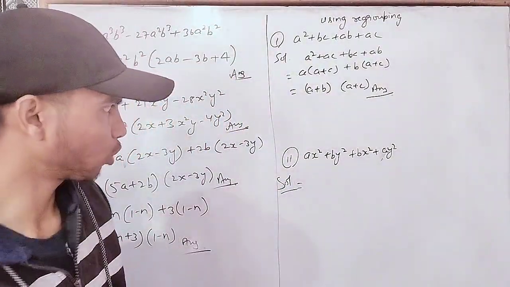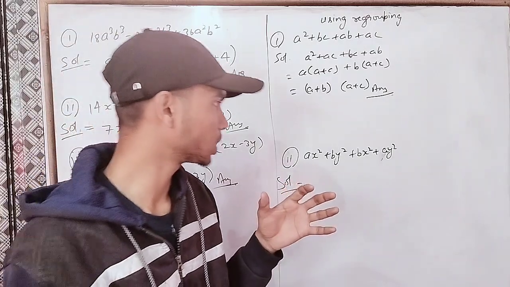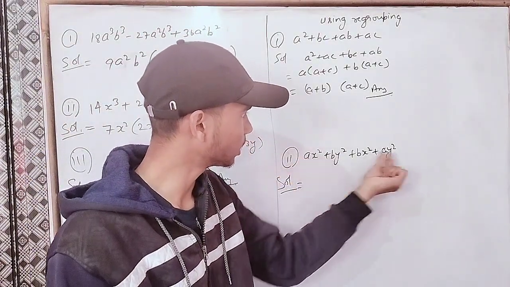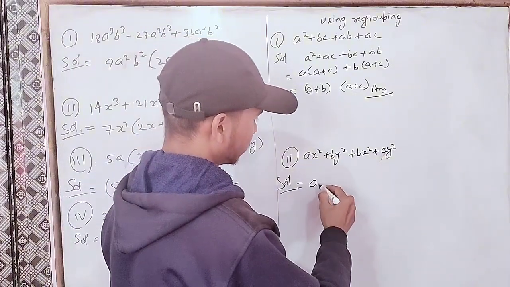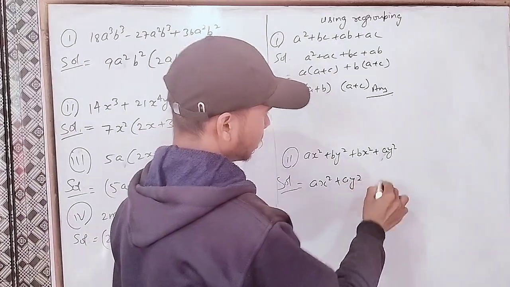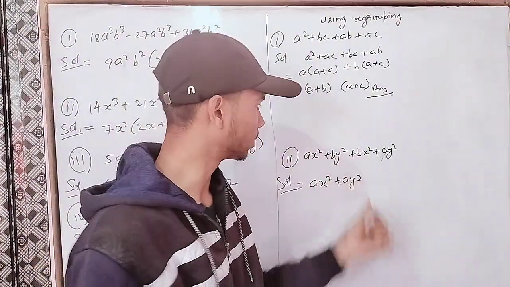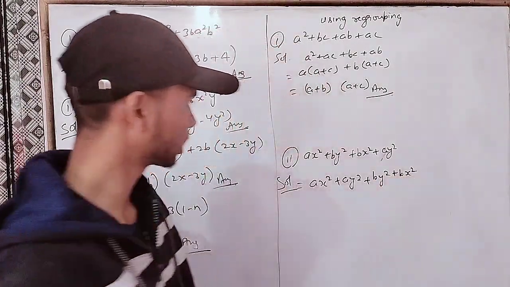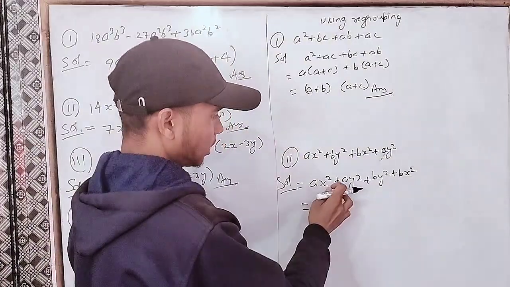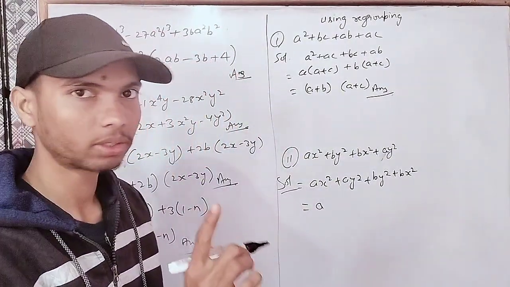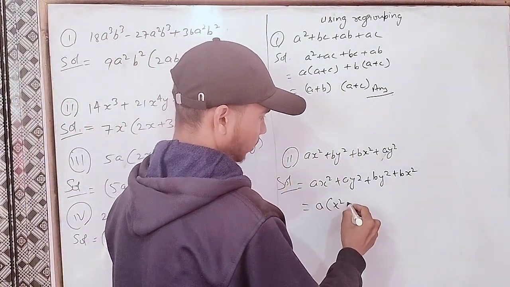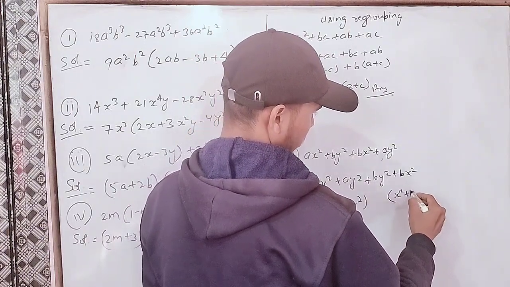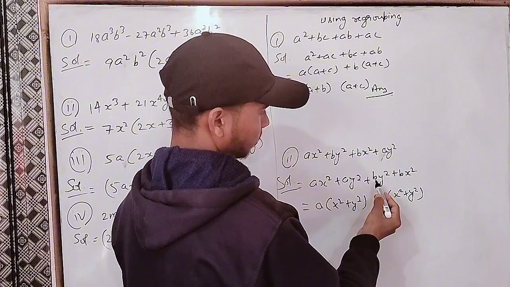So here, just look at the question, where is common? A and A, and in this case, B. Okay, clear. So A can be written one time. Then whatever we have, as it is. So here we have B common.